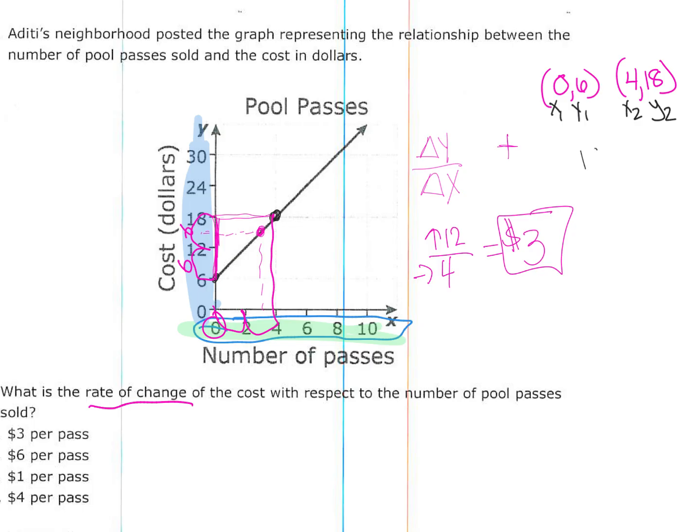So here's my y2 minus my y1 over my x2 minus my x1. It would have left me with 12 over 4, which would have reduced to 3. Both strategies will get you the same exact answer. Use the one that works best for you.